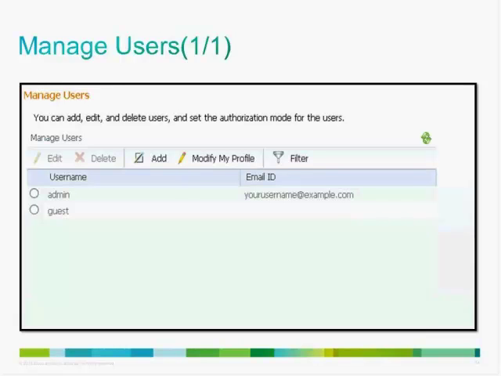By default, there are only 2 users available on CiscoWorks as soon as it is installed: admin and guest. The admin username and password is set, as well as the guest username and password, during the time of installation. We can edit.